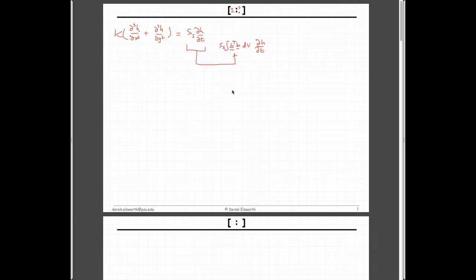And at least for this one-dimensional case, we have this behavior here. And we can think of this, since this expression, if it's written out, the right-hand side of this has to look something like this.